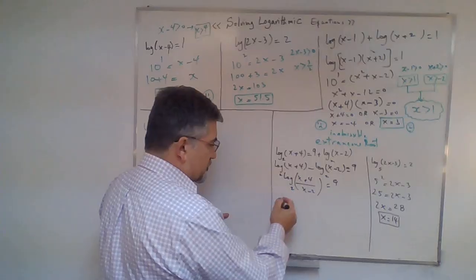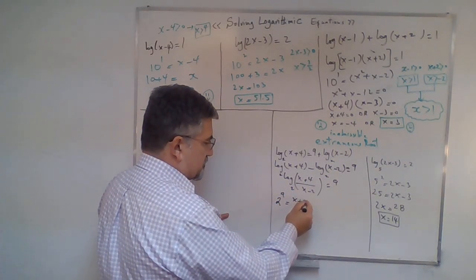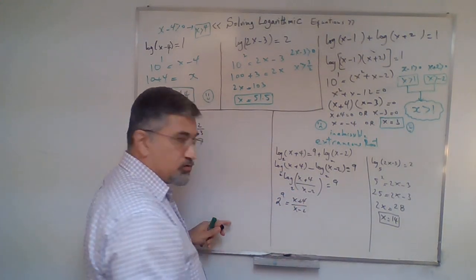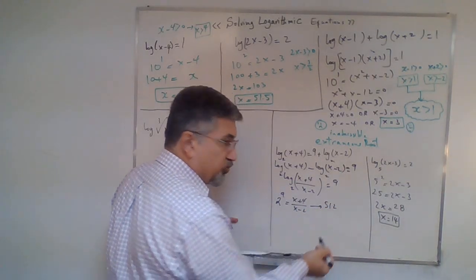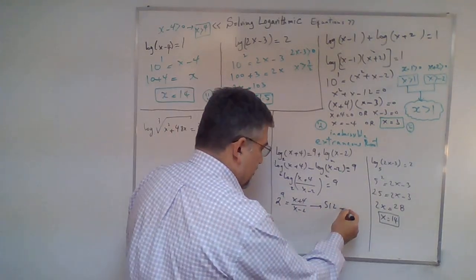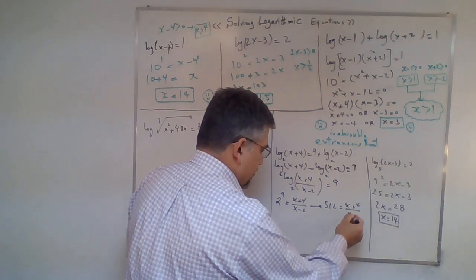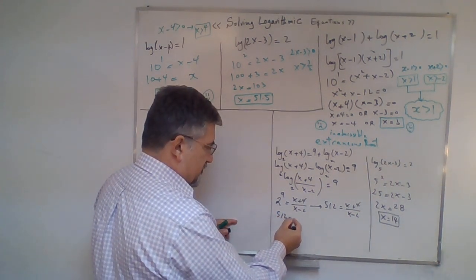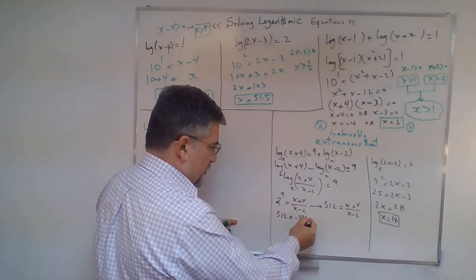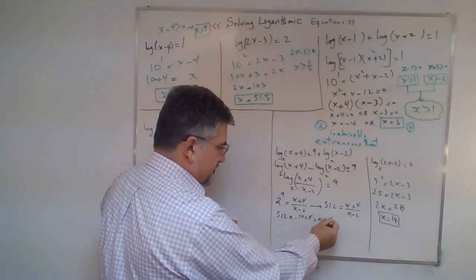So now we're going to say 2 to the exponent of 9 equals (x plus 4) over (x minus 2), right? And 2 to the exponent of 9 is actually 512 if you use a calculator. And that is (x plus 4) over (x minus 2). So doing cross multiplication, 512x minus 1024 equals x plus 4.